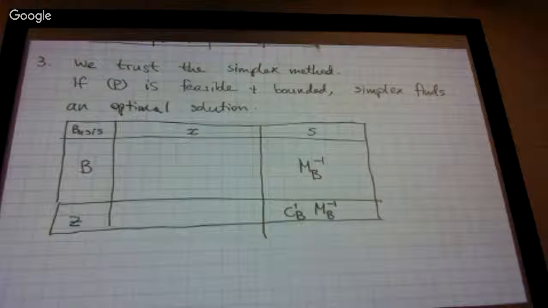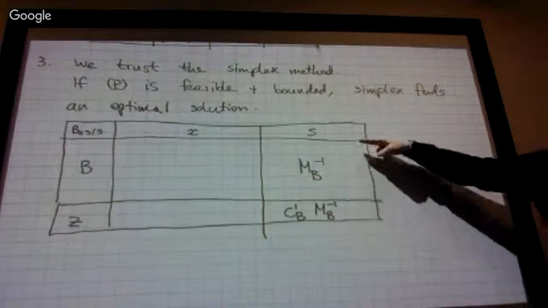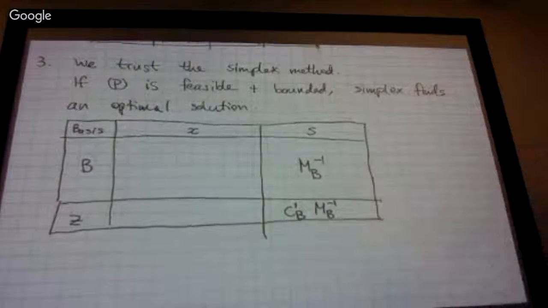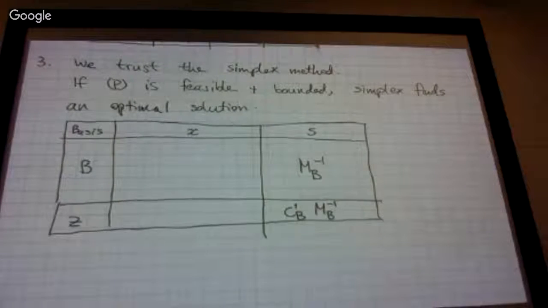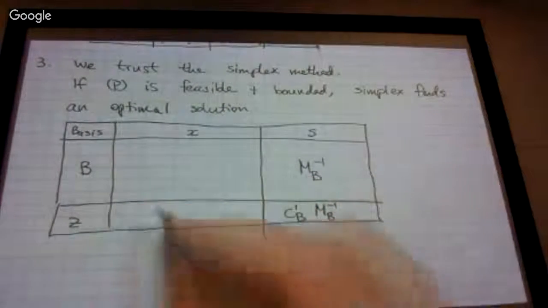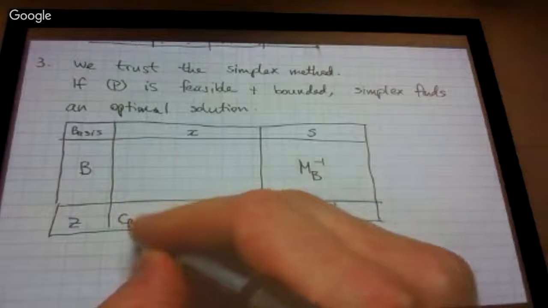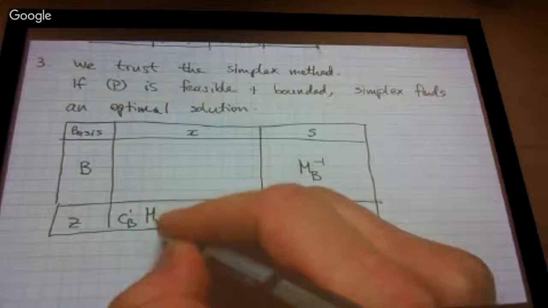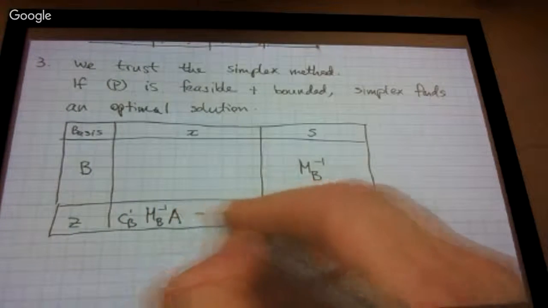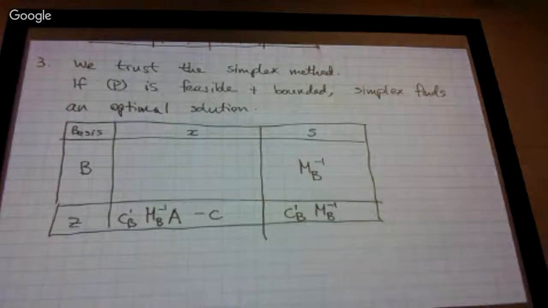So these were some combination of these rows here. And in this row, the vector that sits there is this one.